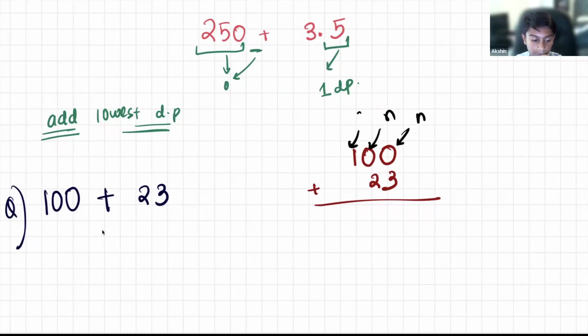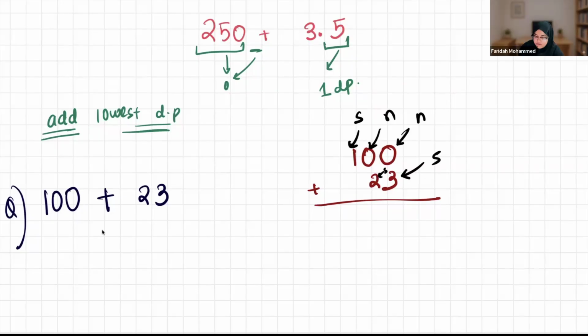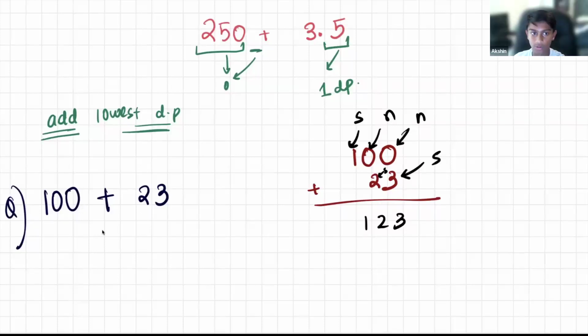Yes. What about the 2? The 3? Yes. What about the 2? Yes. Okay, so when you add, you have 123. But is this your final answer? No, you have to put 123.0. No, no. Okay, so you got until what's important.